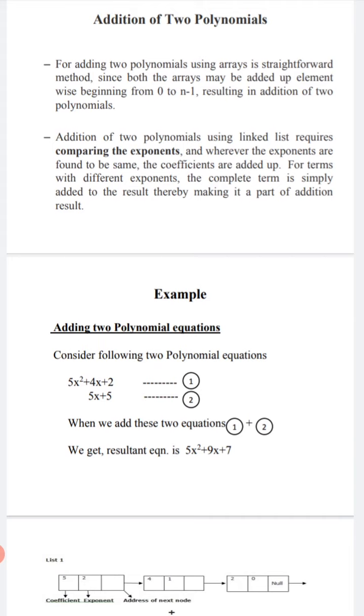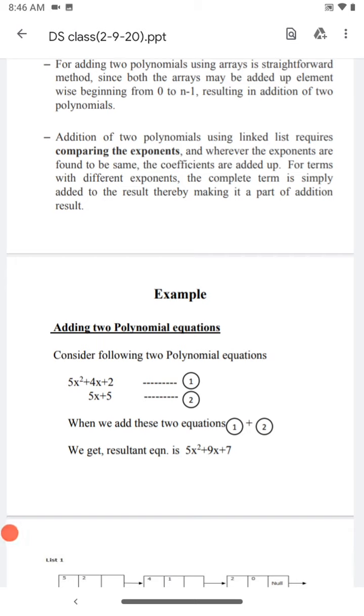For terms with different exponents, the complete term is simply added to the result, thereby making it a part of the addition result.